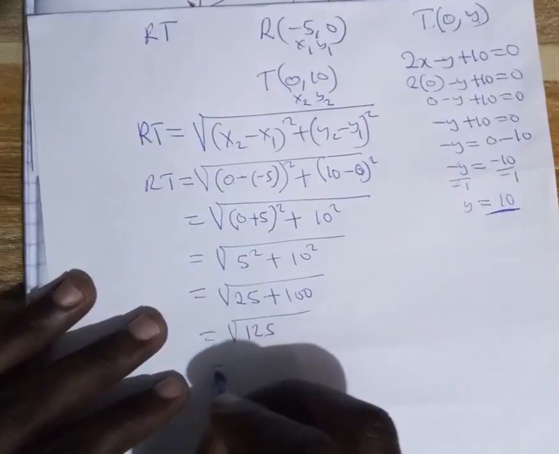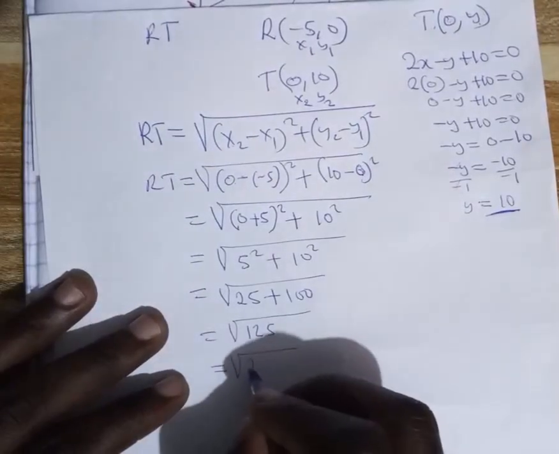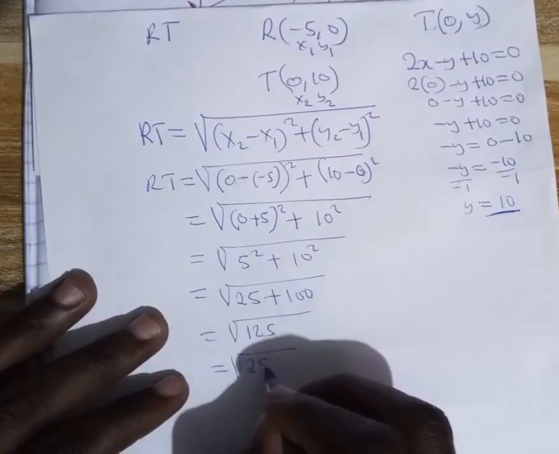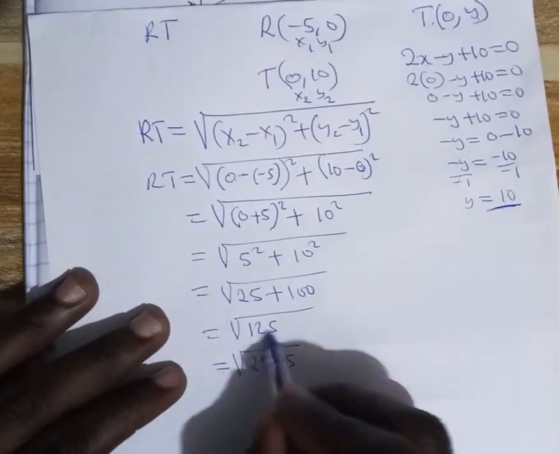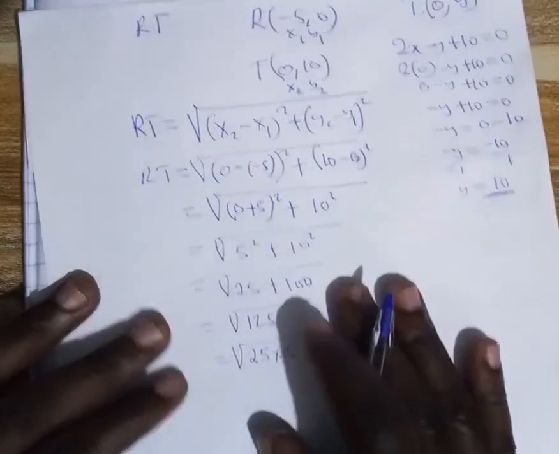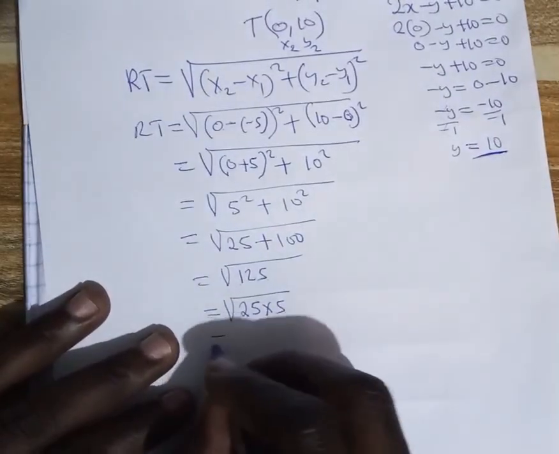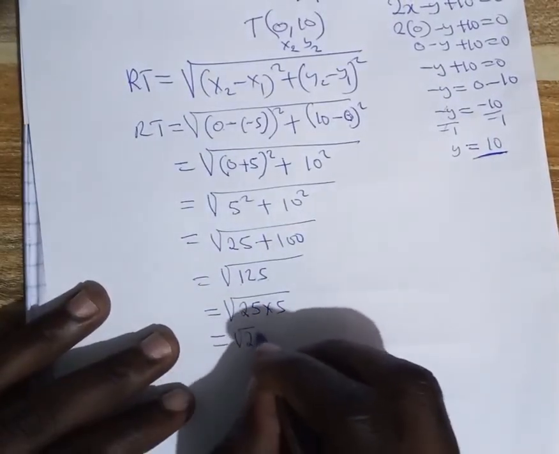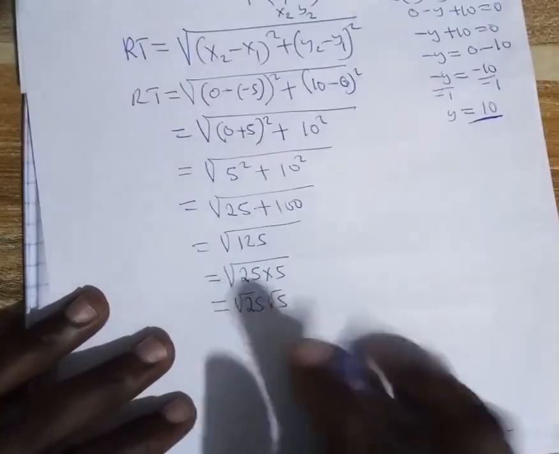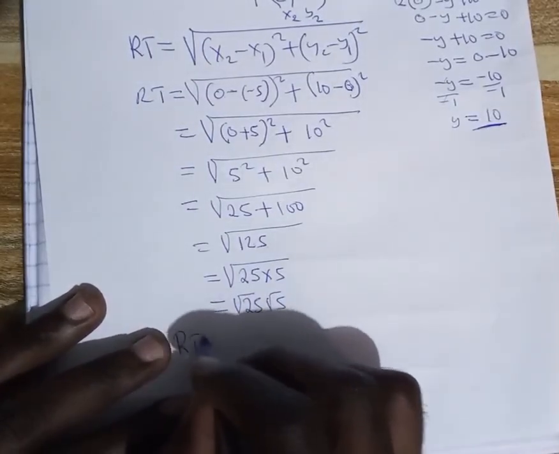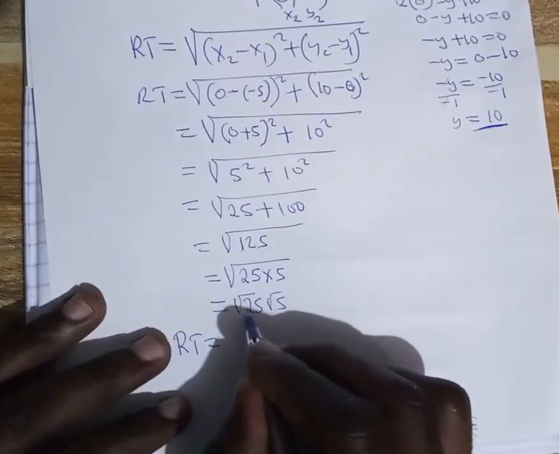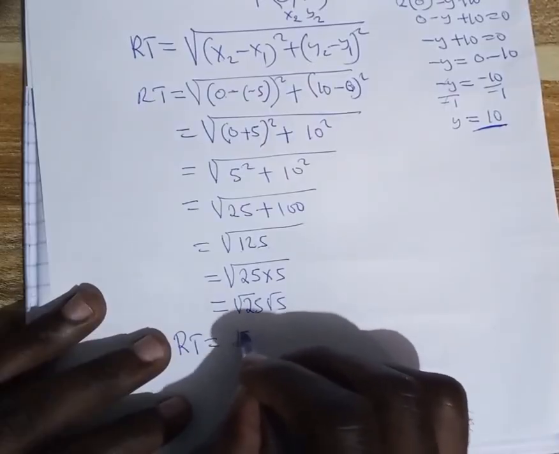So you change it. This 125 is the same as 25 times 5. So we do this: it is the same as the square root of 25 times the square root of 5. When you split it, the square root of 25 is known, it is 5.